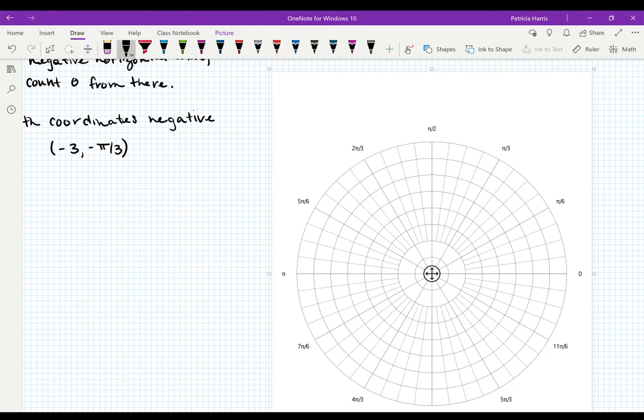So I'm going to count out positive 3. 1, 2, 3. I'm going to go to negative pi over 3, which is right here. And then I'm going to flip it across and wind up here. So let's call that point G. A little messy. Let's fix that.